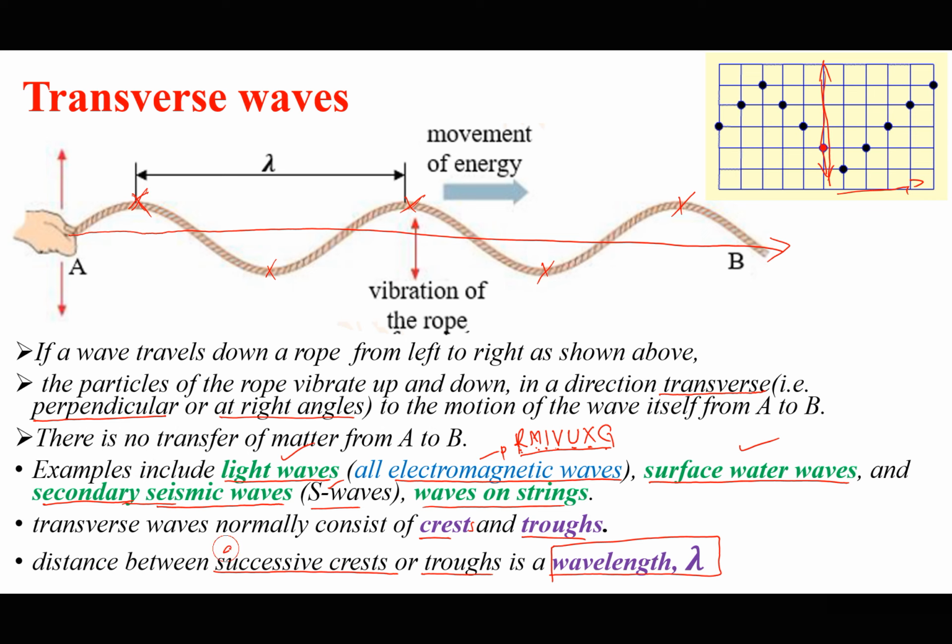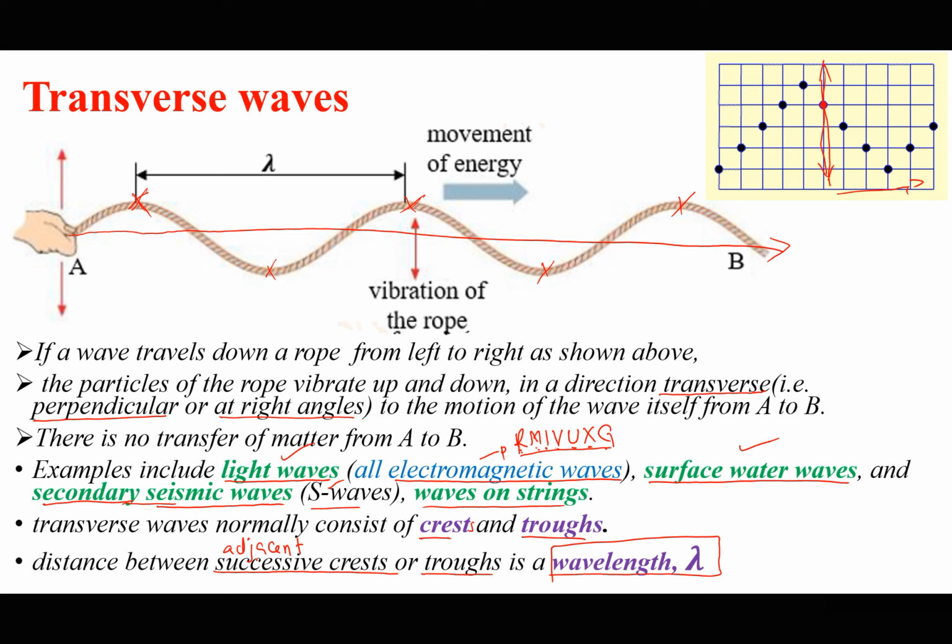Another word to mean successive would be adjacent. The distance between two adjacent crests. Adjacent means one to the next without skipping any. Successive also means one to the next. So from one peak to the next, or one trough to the next, is what we are going to call the wavelength. So those are the transverse waves.